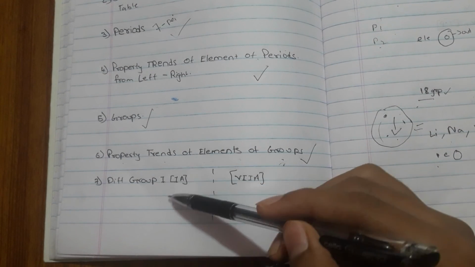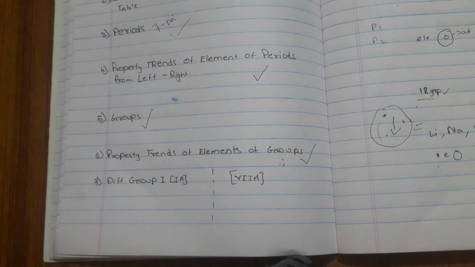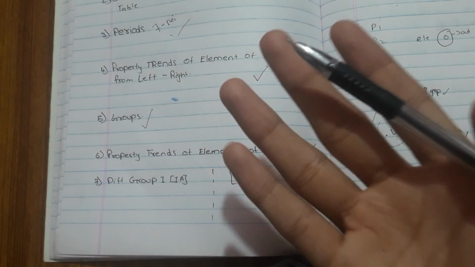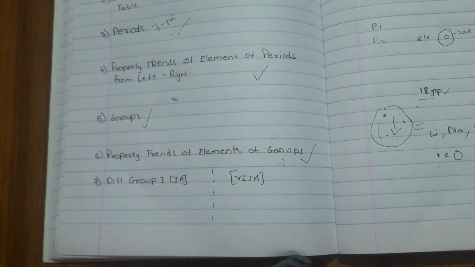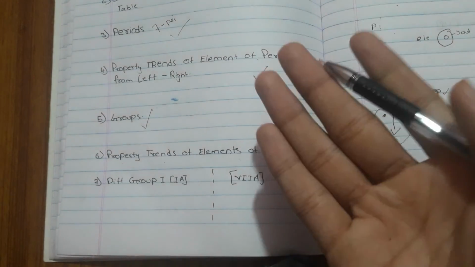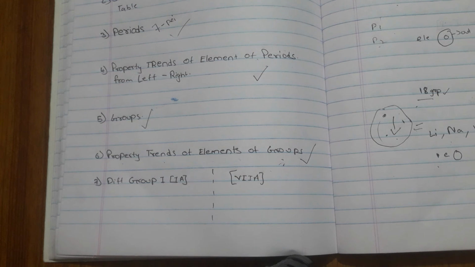The elements present in group 1 are lithium, sodium, potassium, rubidium, francium, cesium. Now moving to halogens, that is 7A, the elements present are fluorine, chlorine, bromine, iodine, astatine.